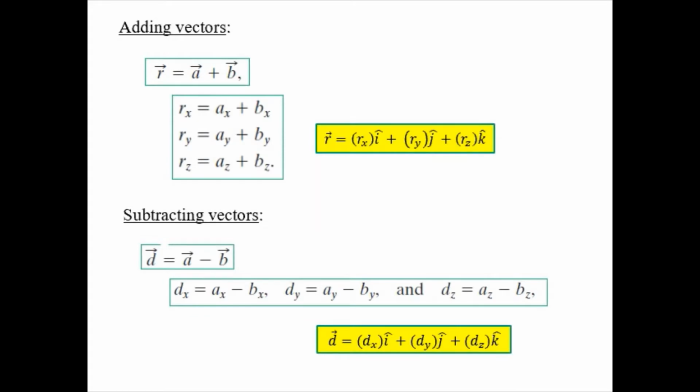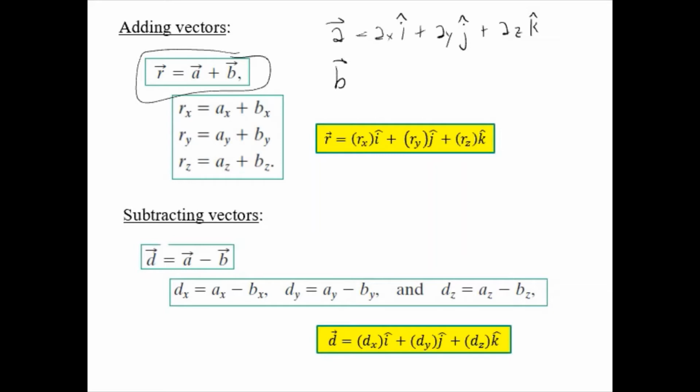Now this slide shows you the technicalities of adding and subtracting vectors. Actually, it's much easier than it looks on this slide. If vector r was equal to the sum of vectors a plus b, obviously vector a is equal to a sub x i plus a sub y j plus a sub z k. So there's vector a written.